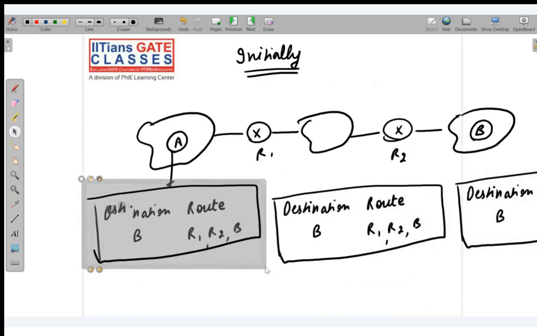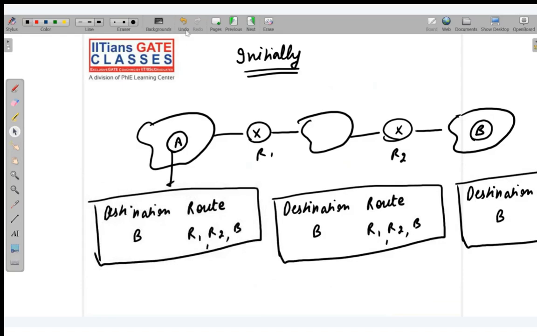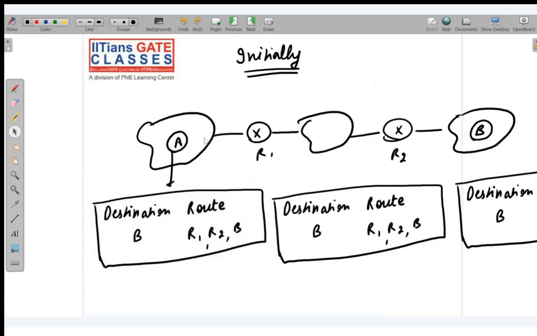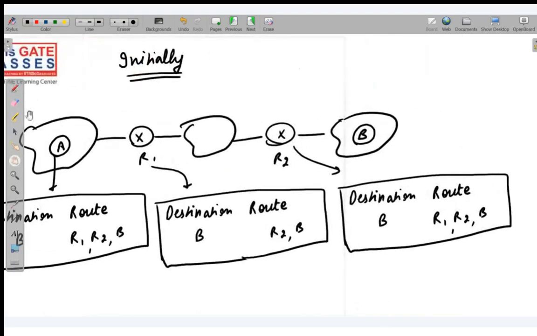I will make an arrow here just to save time. The R1 table will be: destination is B, route will be R2 and then B. And for the R2 table, destination is B, route will be directly B. There is no other router or anything like that. So it is just like this only. I think you have got it, right?